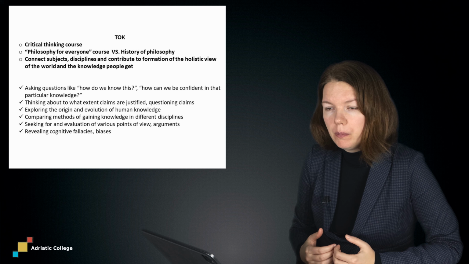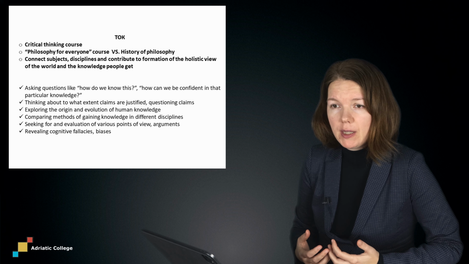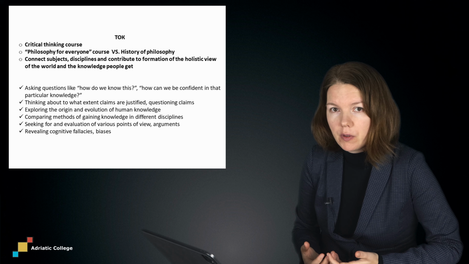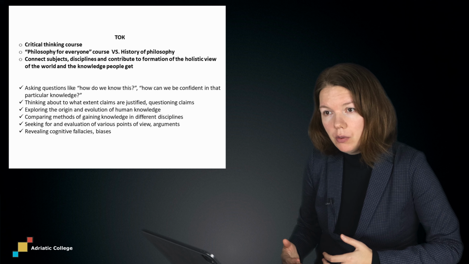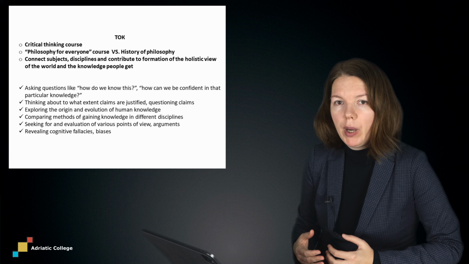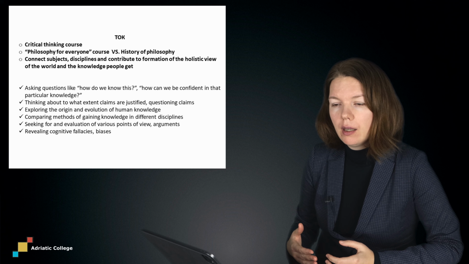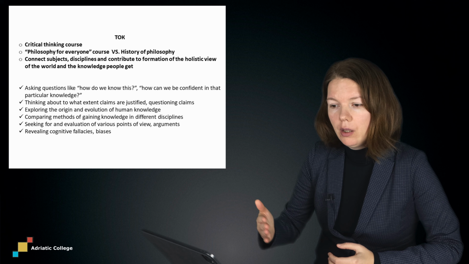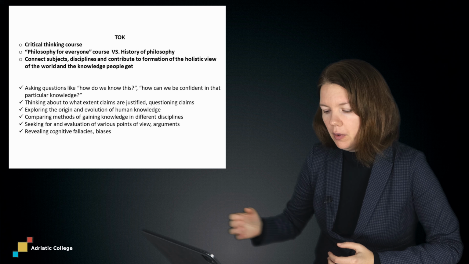From subject-specific knowledge claims that can be found in your textbooks, to the knowledge claims that you and the people around you state every day. By knowledge claim, I mean a sentence like, I know that, or we know that, and then a statement follows.